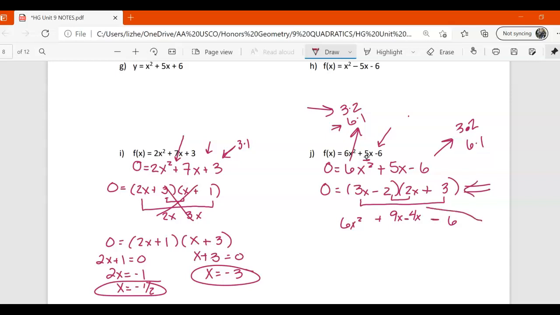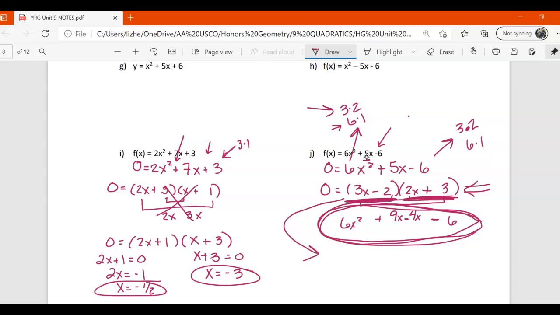This is just the checking, which you should always do. This would be a difficult problem because there are a lot of options, but you should still be able to tackle it. You just have to reason it out. Once you get to that step, you go down here and say, if this factor times this factor equals 0, then 3x minus 2 is 0, or 2x plus 3 is 0.